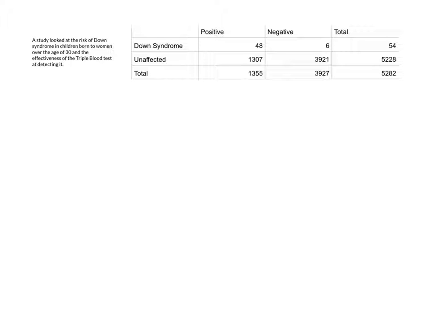Now, in reality, we've already calculated sensitivity, even if we didn't call it that. Sensitivity measures if we have the condition, that is, if we have Down syndrome, what are the chances the test tells us that? That is, what are the chances we have a positive? To find this, we consider the fact that it's a conditional probability. There were 54 women who had a baby with Down syndrome.